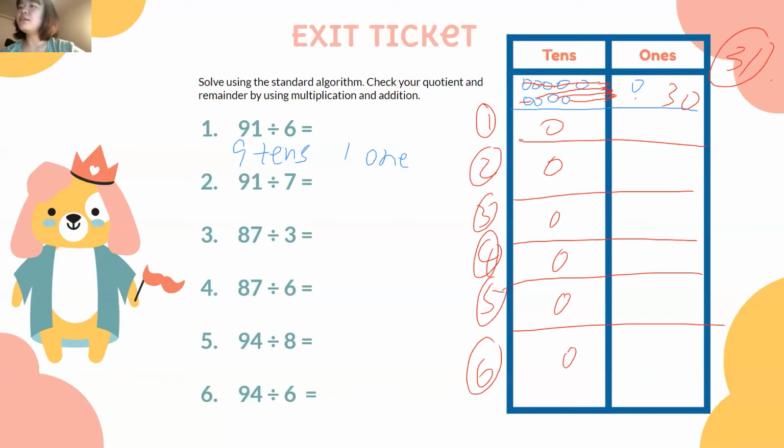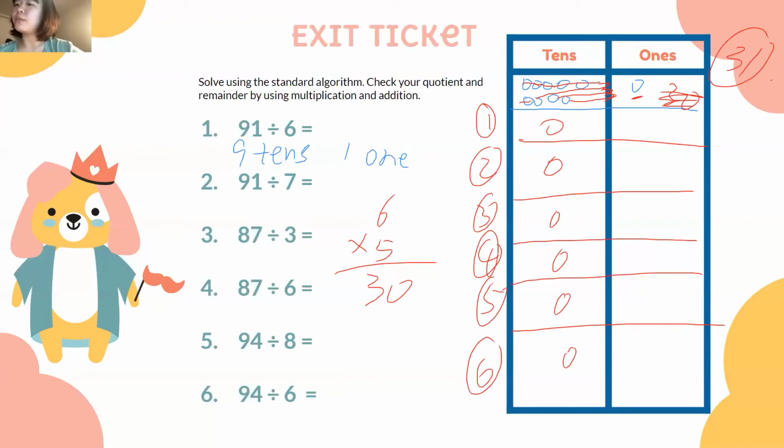Okay, and use your mental math. 31 divided by 6. What can we give to each group? So we can do 6 times 5. That gives us 30. So we can give 5 ones to each group, and the remainder will be 1. So we can cross the 30 off.